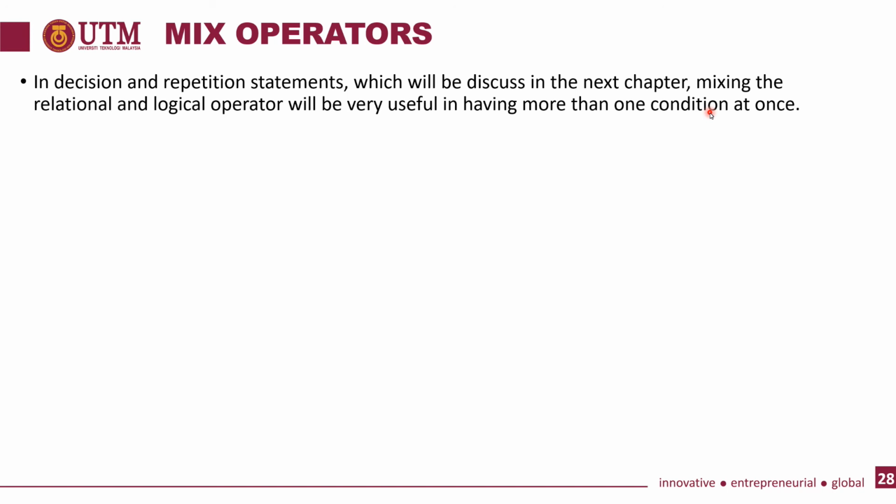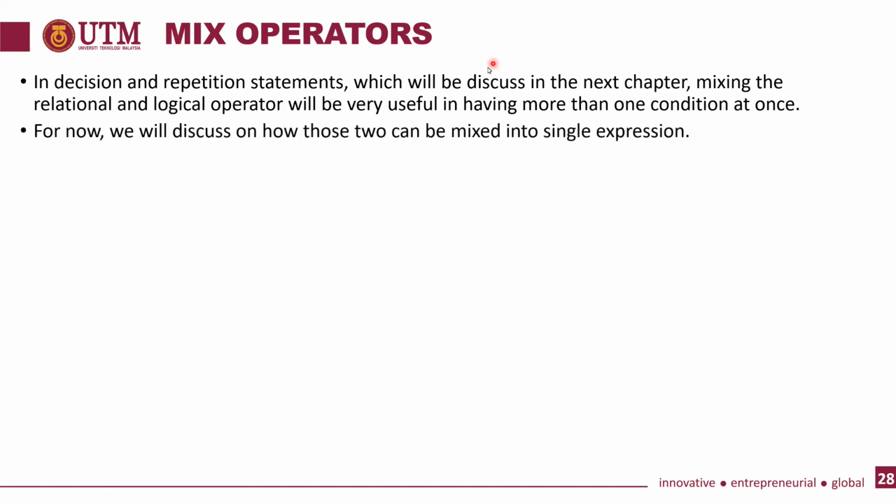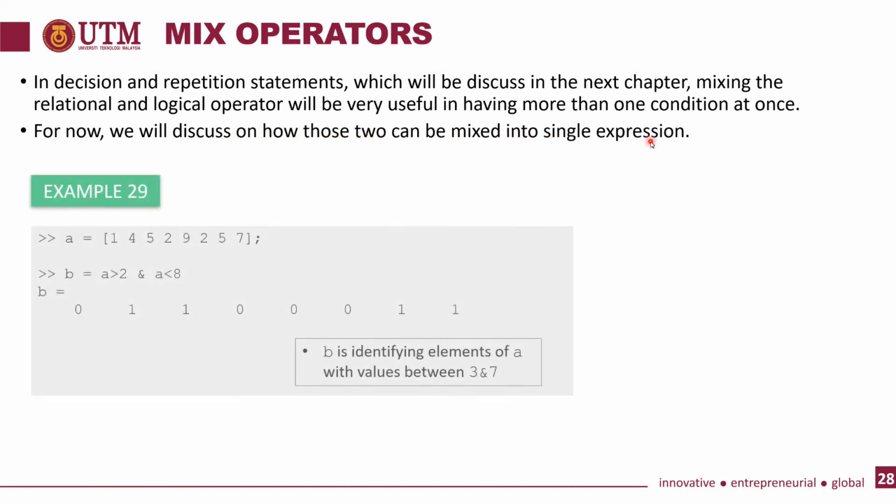Basically we need to combine array operators, matrix operators, relational operators and logical operators in order to solve the engineering problem. You will learn how to mix those operators in the next chapter, but for now we will discuss how those two can be mixed into a single expression.